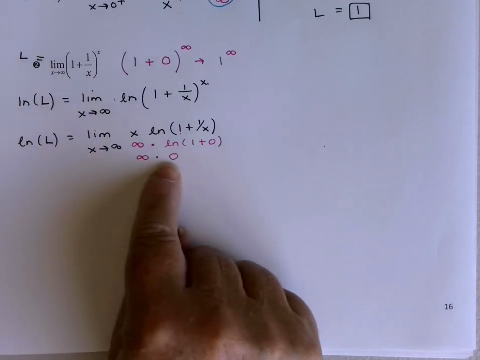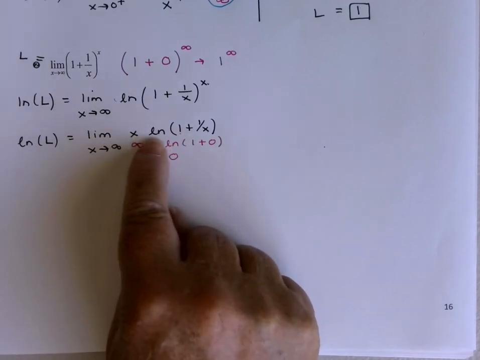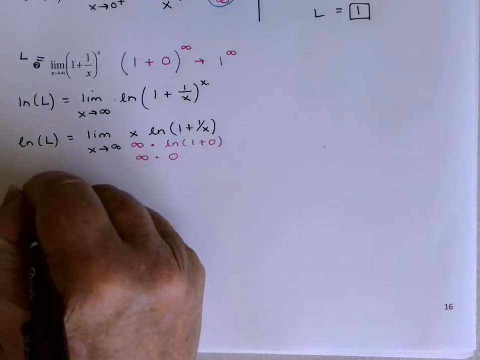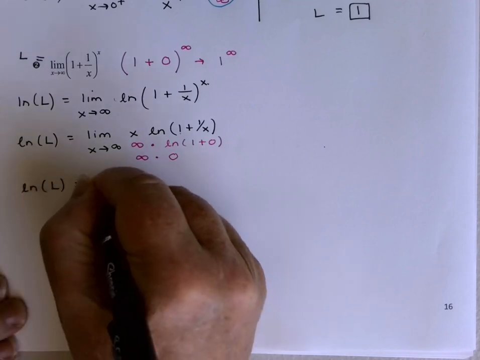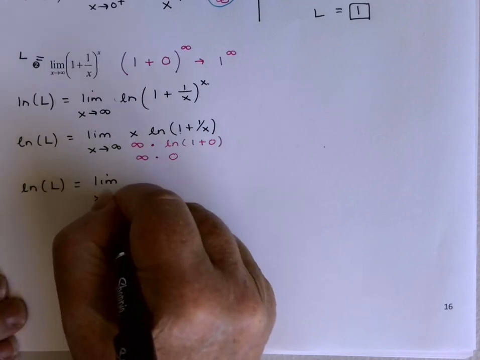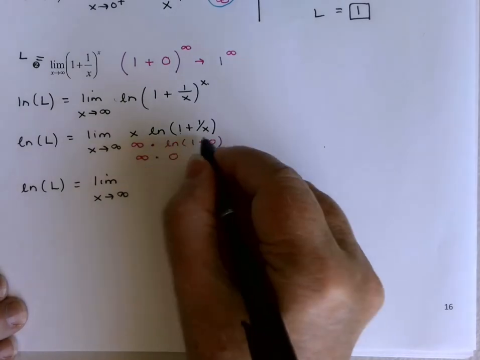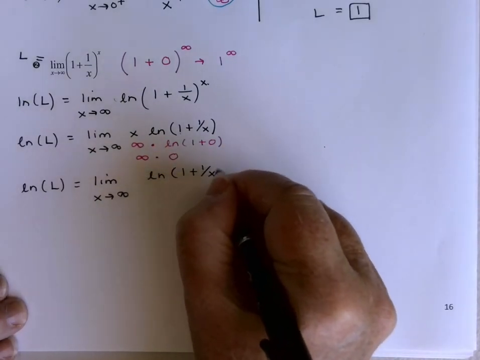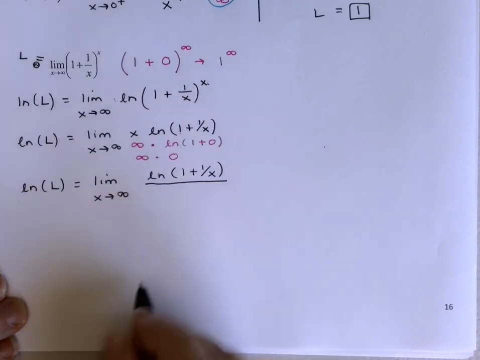Just like last time, I'm going to say right now I've got a product. My goal is to use L'Hopital's rule. I need a quotient, need a fraction. So let's do a little rearranging. Hard to do anything with the natural log. I'm going to leave that where it is, and I'm going to use the exact same trick as last time.